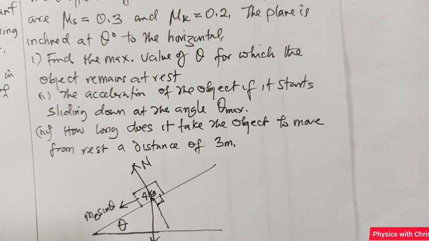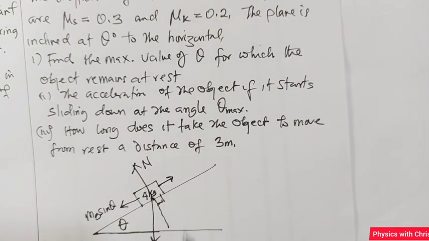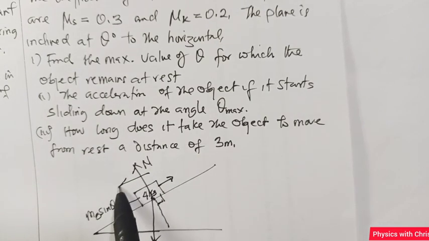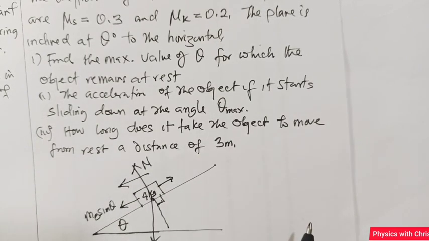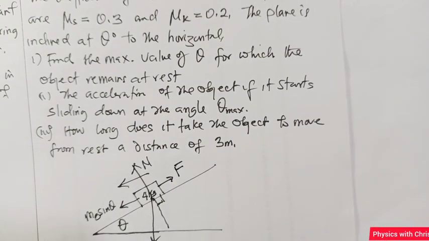Now for this body to be at rest, it means the static frictional force, because the natural thing is that this body will tend to slide down. That's the natural thing that happens to this body. The motion of the block is in this direction, meaning that the frictional force will quickly come in to oppose the motion of this body.